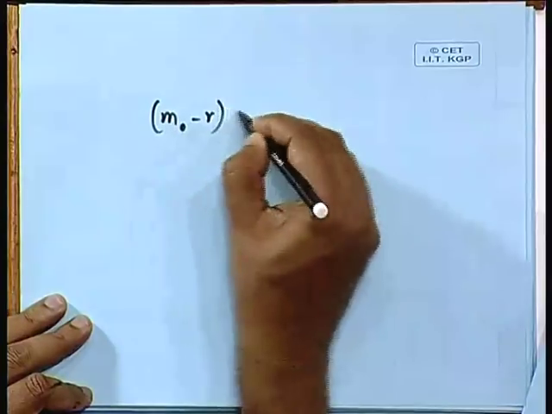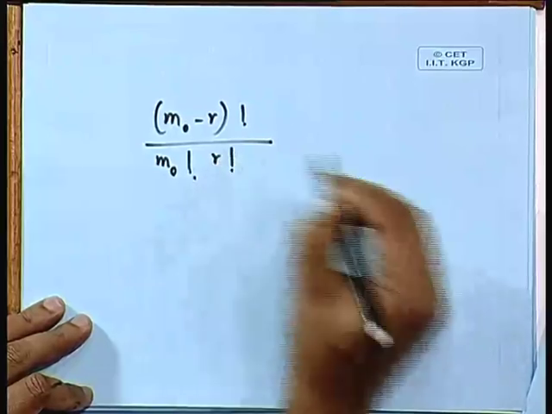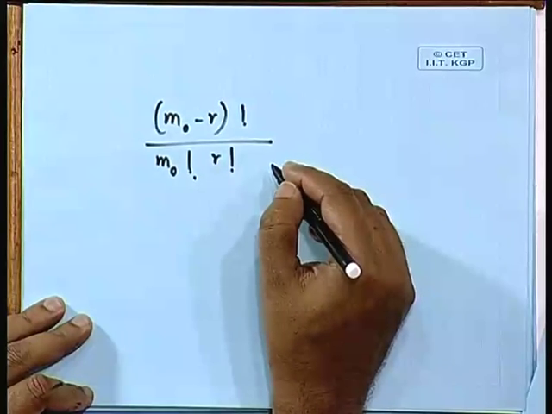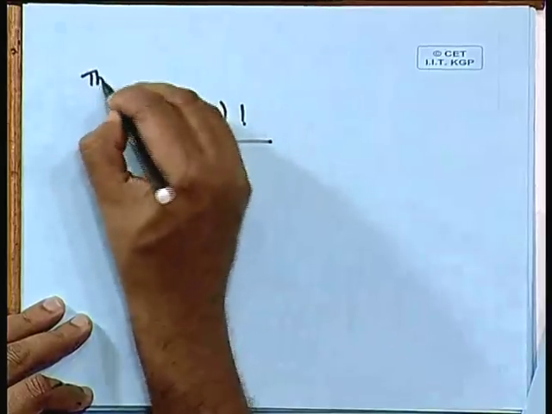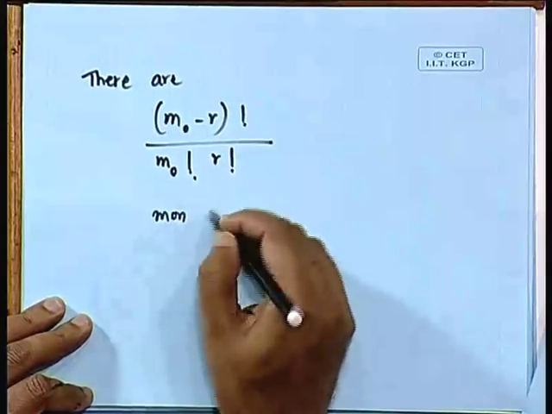So, how many monomials like this are possible? We have got m0 number of inputs available, out of which we have to choose r. So, that means to say that we have got m0 C r, or rather m0 factorial divided by (m0 minus r) factorial and r factorial. These many monomials are possible. So, there are this many monomials.